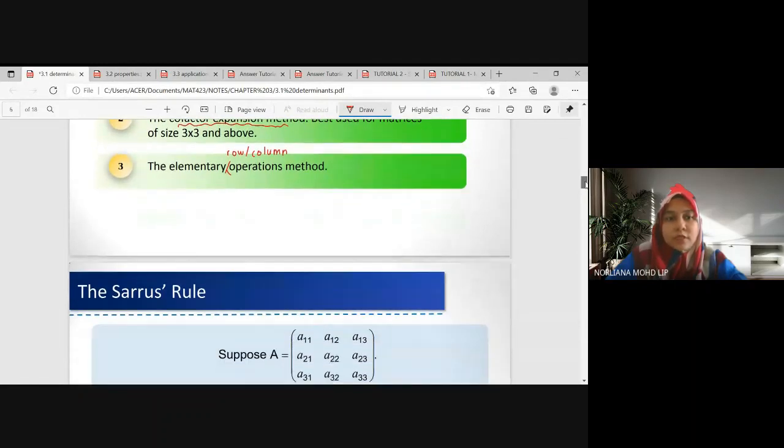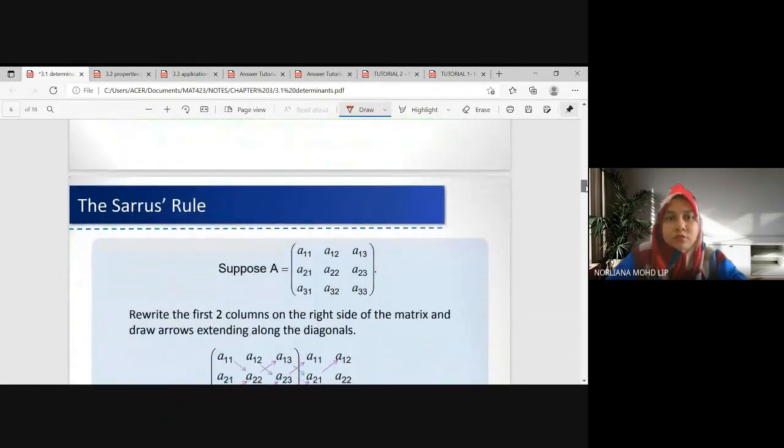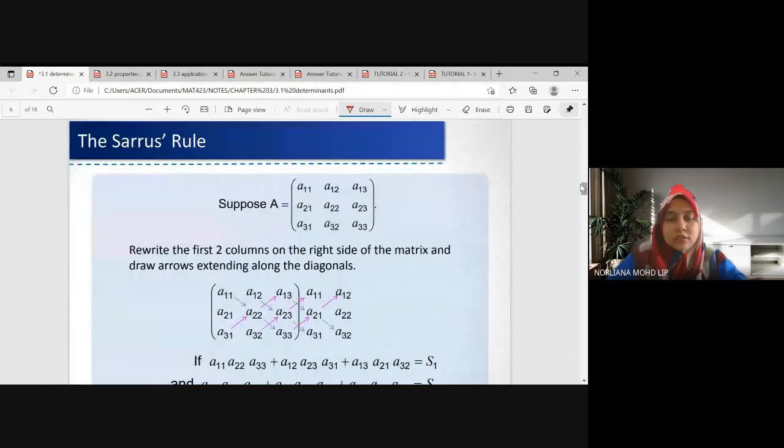So there are 3 methods for a matrix of size 3 by 3 and above. First, we look at the Sarrus rule. The Sarrus rule is only applicable to find the determinant of a 3 by 3 matrix. Suppose A is a matrix of size 3 by 3.